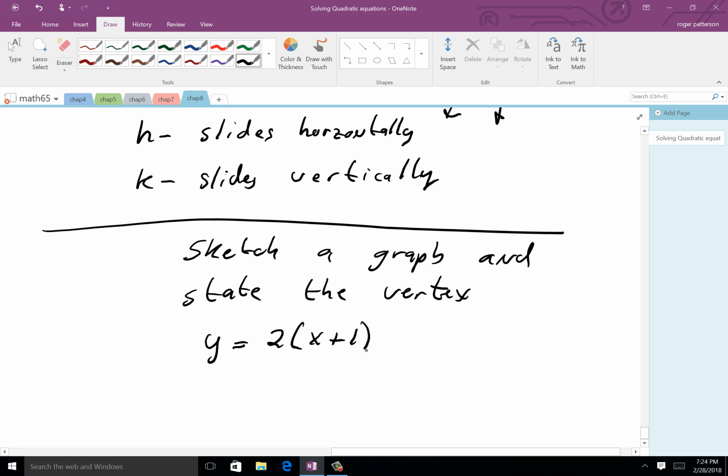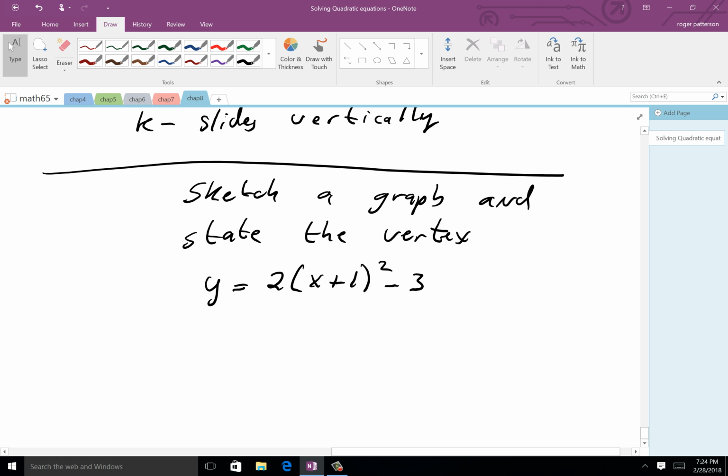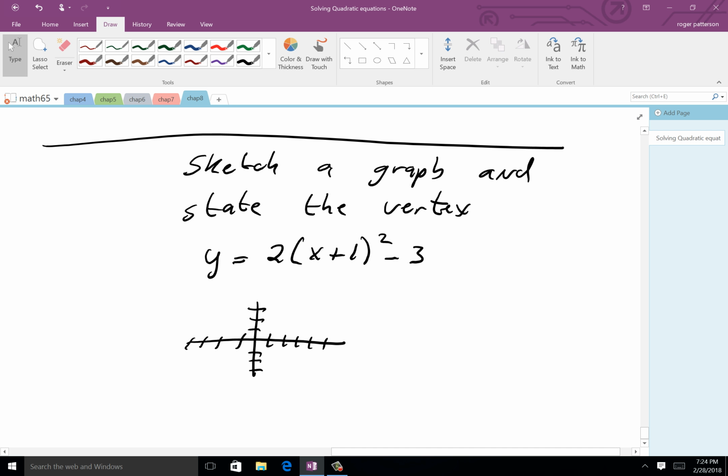All right, so then we should be able to sketch this and state the vertex. So if I go like this, 1, 2, 3, 4, 1, 2, 3, 4, 1, 2, 3, 1, 2, 3. First of all, I'm going to find the vertex. Okay, H and K. Here's my vertex, H, K. So what would the vertex be?